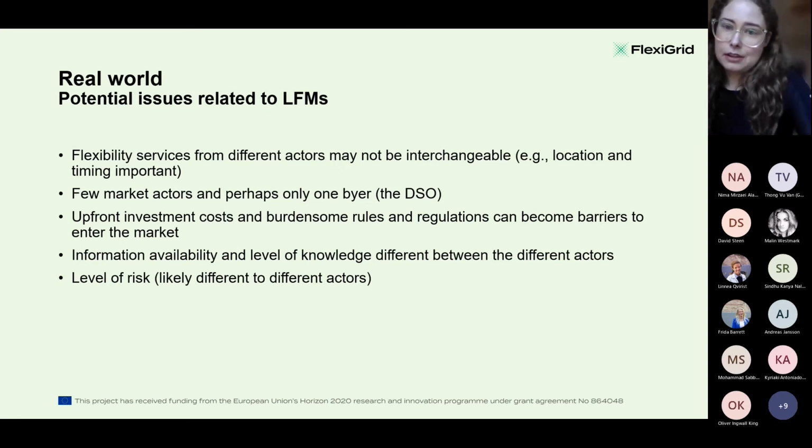And fourth, information and knowledge and also risk level is likely to differ quite a lot between different actors, also creating a skewed power balance, so the power is basically not really equal.